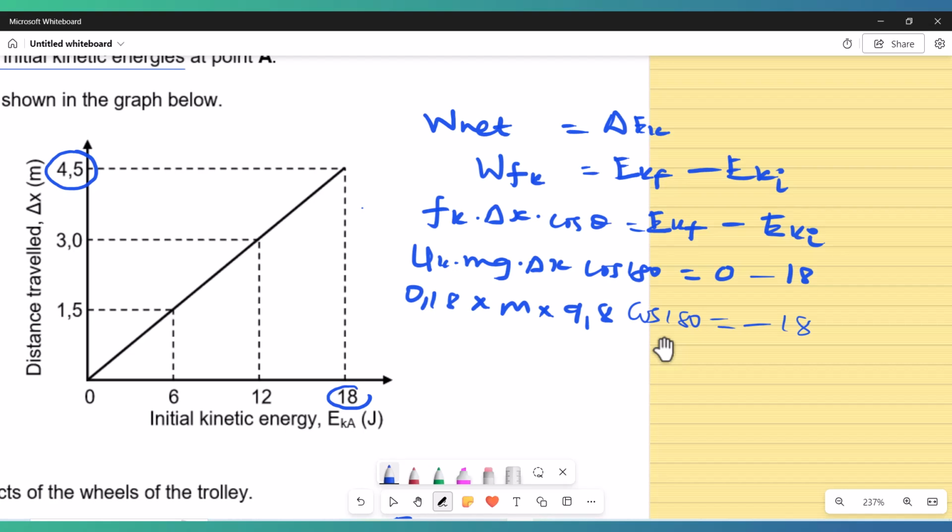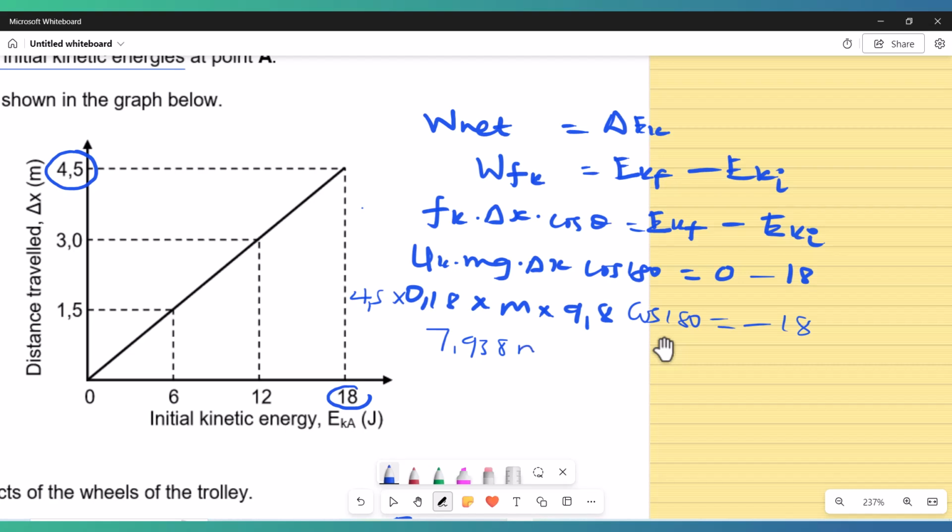0,18 times 9,8 times cos 180, we get here, oh, I forgot our displacement, delta x, which corresponds to 4,5, so times 4,5. It gives me here 7,938.